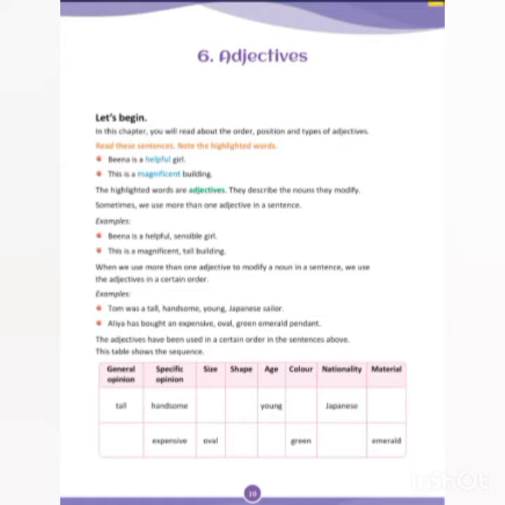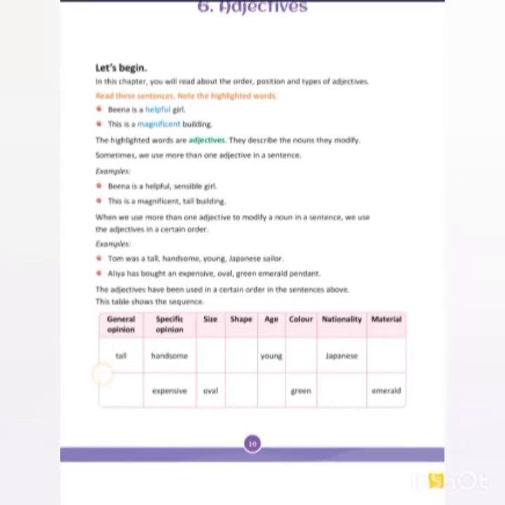Second example, Alia has bought an expensive, which is a specific opinion here. Then oval is the shape. Okay, size is given, but you will remember oval is a shape. So star shape, rectangular, square, these are all shapes.